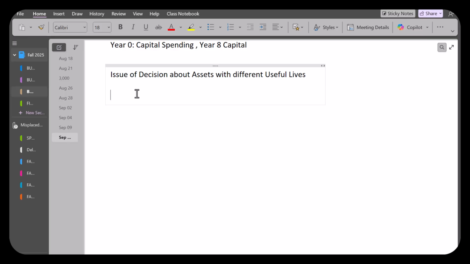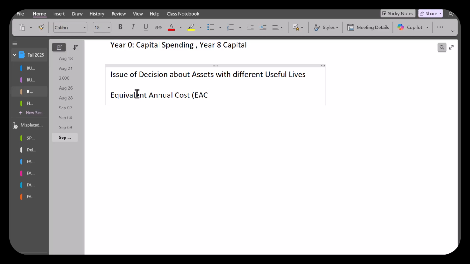Well, there comes the concept of equivalent annual cost. It's EAC.